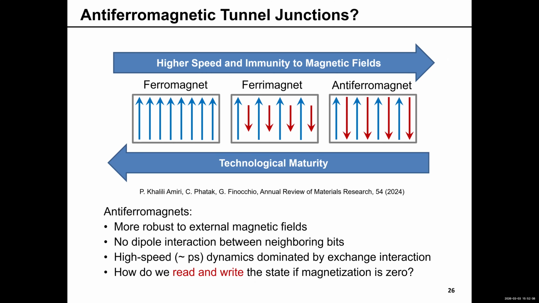And for a long time, it was thought conventionally that they're completely useless as information storage elements, because you can't interact magnetically with something that doesn't have a magnetic moment. But in recent years, we and others have learned that this is in fact not true, and it is possible to interact with these devices and to read out their state and to write information into them.